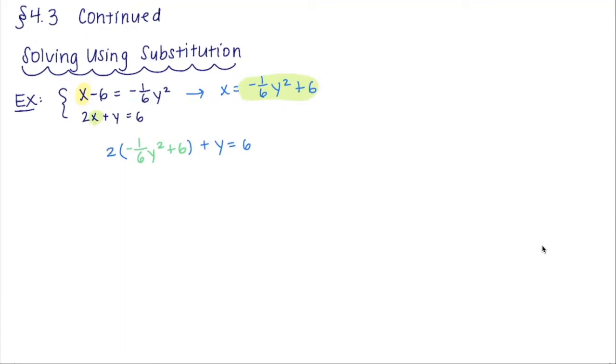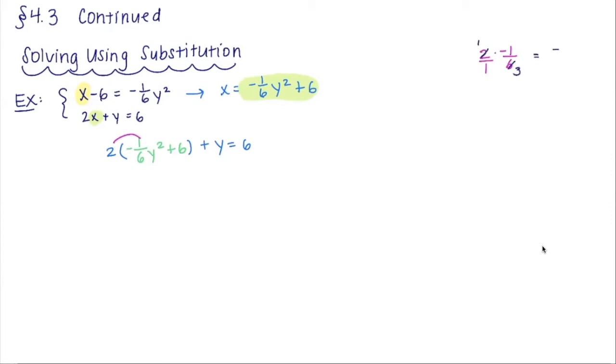All right, so now what I have here is something that I need to distribute to get rid of my parentheses. So I'll go ahead and distribute here 2 times negative 1/6. So remember, off to the side, we're multiplying fractions. And when multiplying fractions, we multiply across. And remember, we can also cross cancel. So since 2 and 6 have a common factor, I can divide out 2 from both of them.